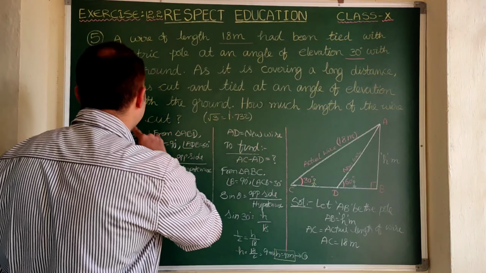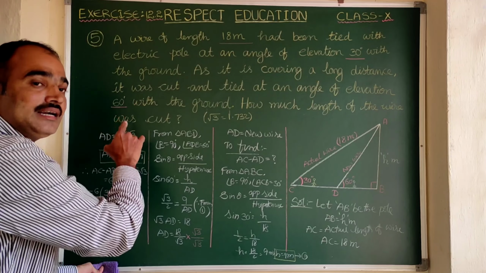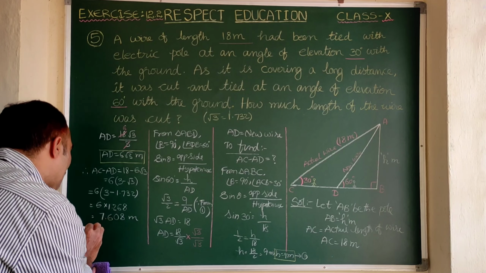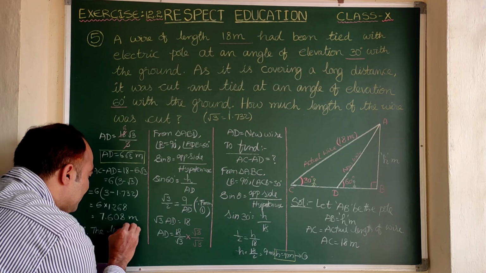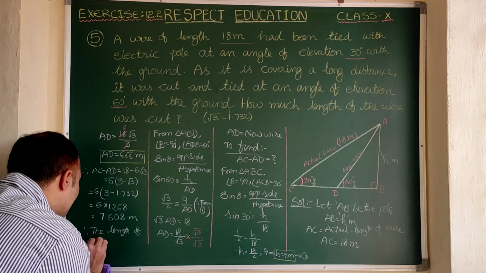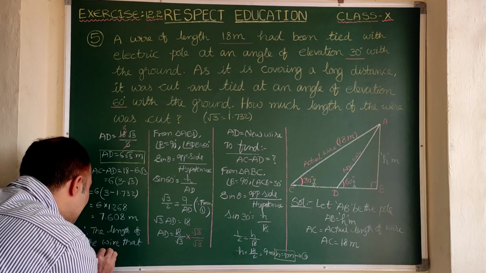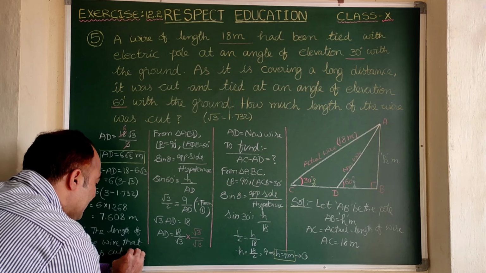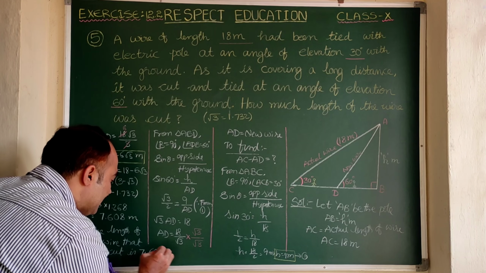So here let us conclude the problem. How much length of the wire was cut? So the length of the wire that was cut is nothing but 7.608 meters. Therefore, the length of the wire that was cut is 7.608 meters.